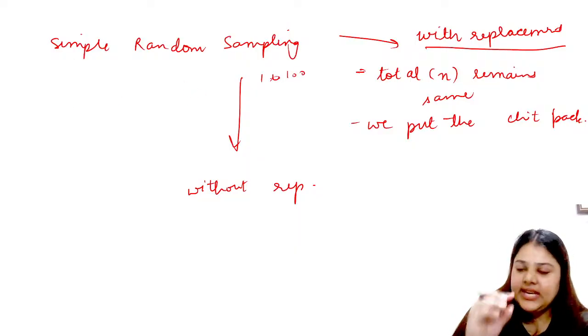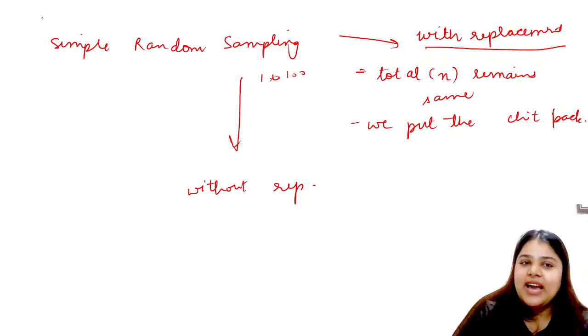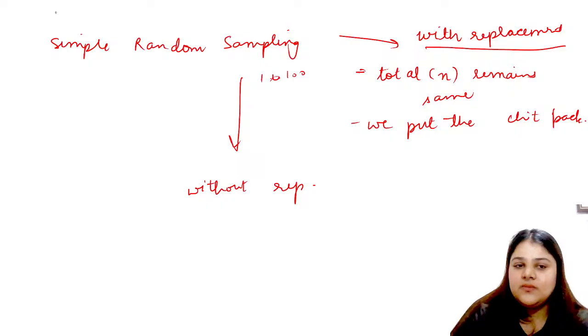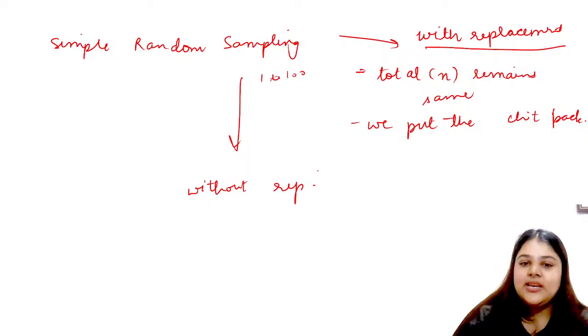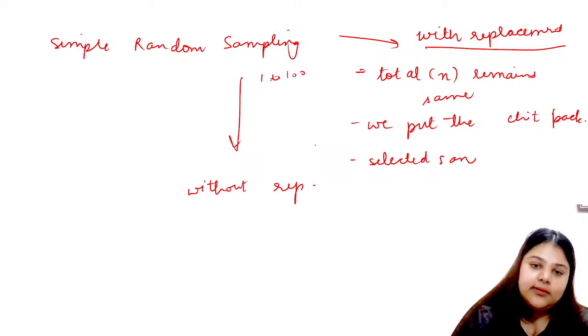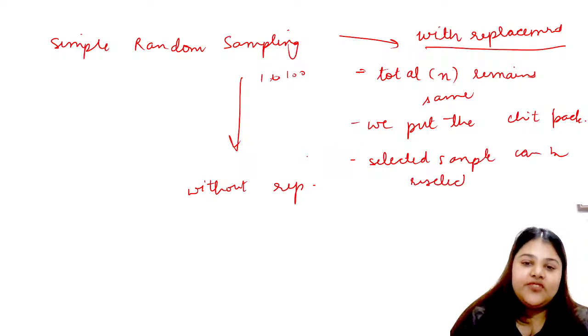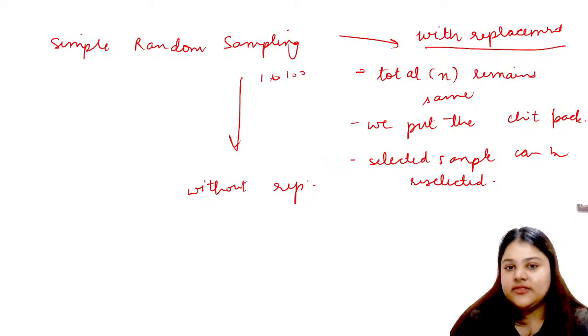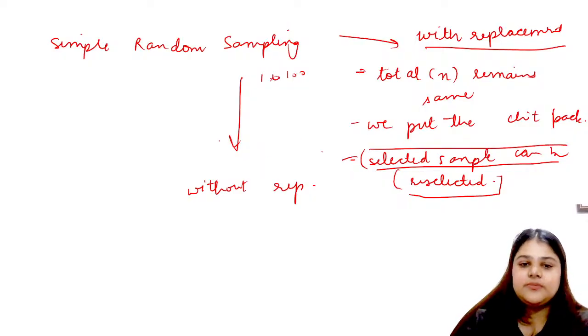And if I'm putting all of them again in the same bag, there are more chances that I will draw the same number one more time. So herein what will happen? The selected sample can be reselected, which is not what we want, right? So that is one of the drawbacks or limitations.